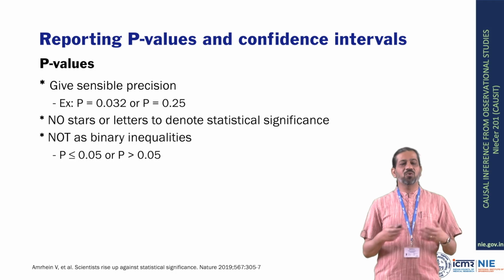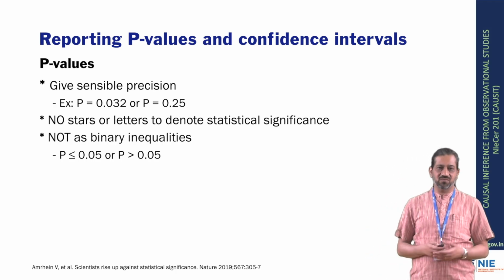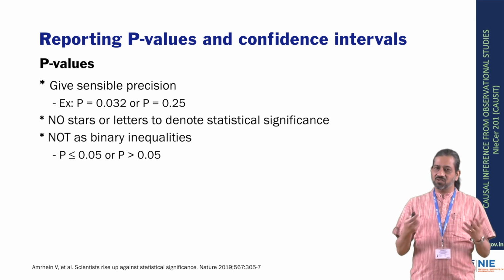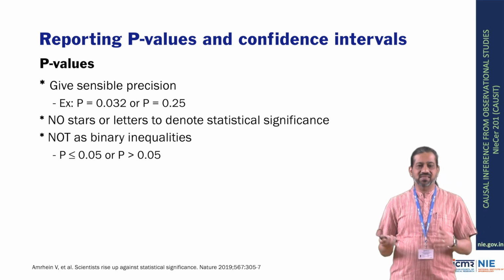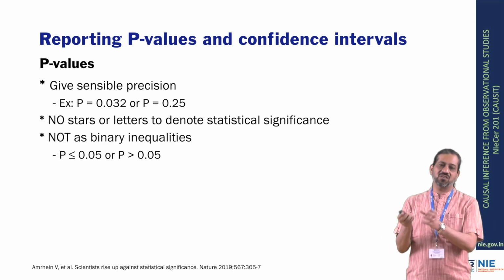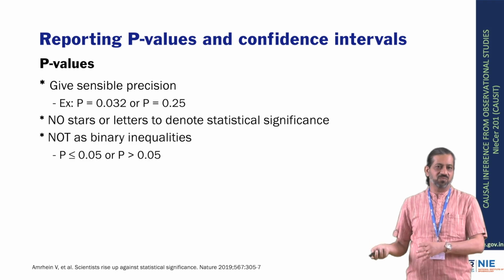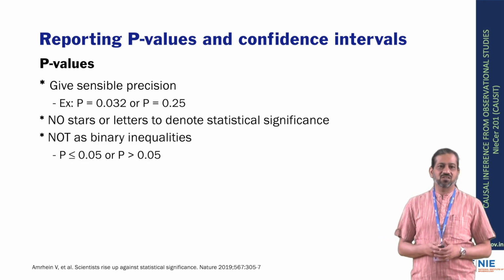So when we report, how do we actually report these p-values and confidence intervals? In terms of p-values, it's not a good idea to report them as less than or more than some threshold, saying just p is less than or equal to 0.05 or p is more than 0.05, whatever the actual value. That is not a good practice.